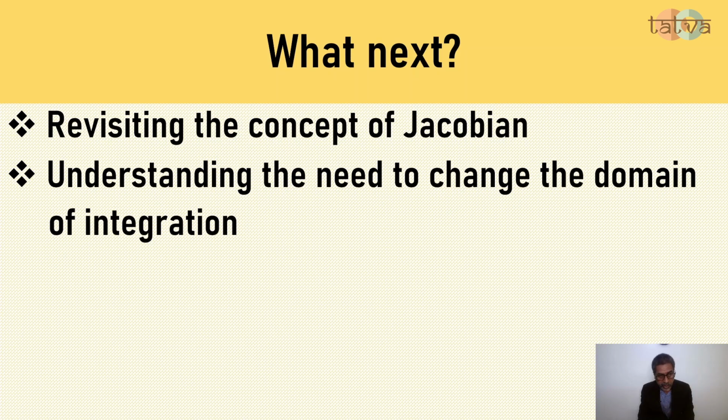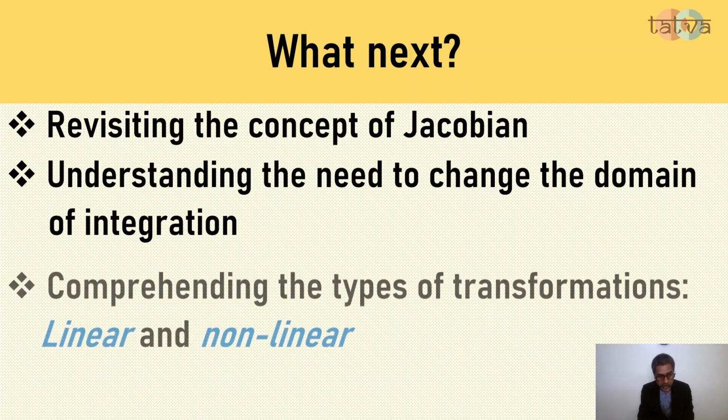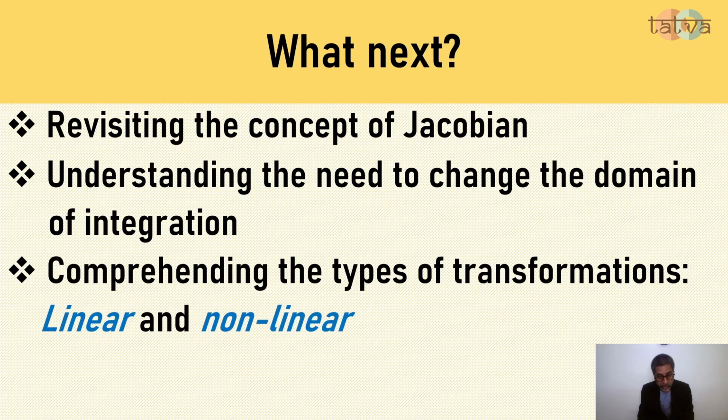So we must understand the context in which we have to think of a change of domain. And we must understand that transformations can be of two types: linear transformations and nonlinear transformations. In linear transformations, generally, I will not say dimensions will be preserved, but at least the shapes will not be too much distorted.